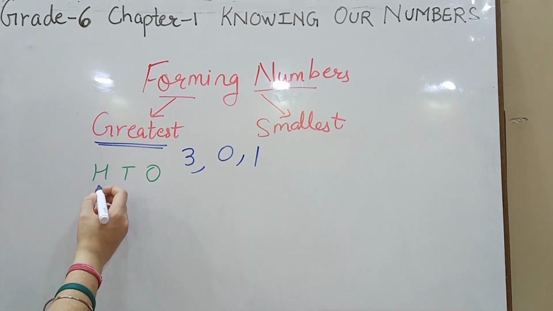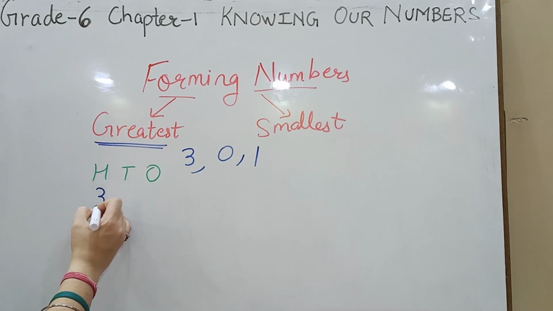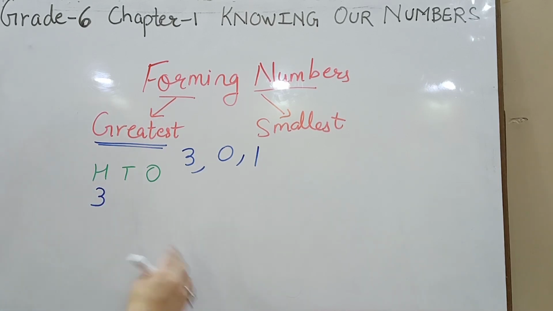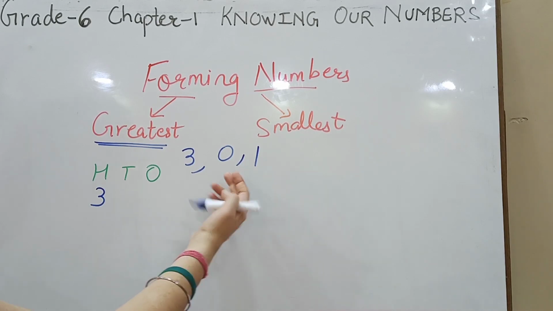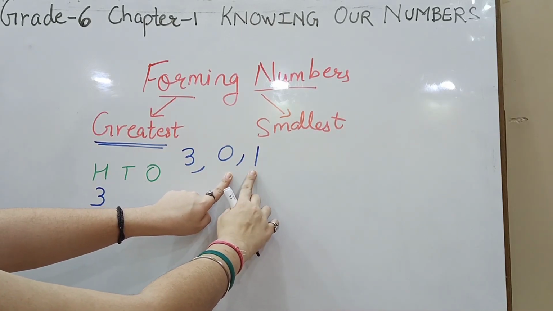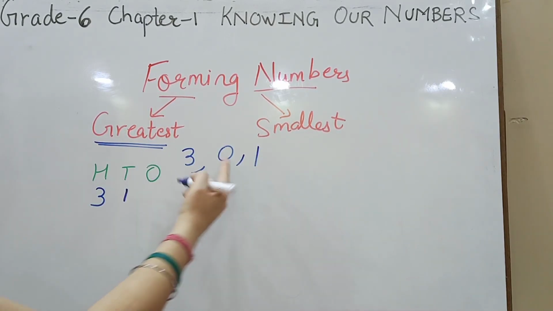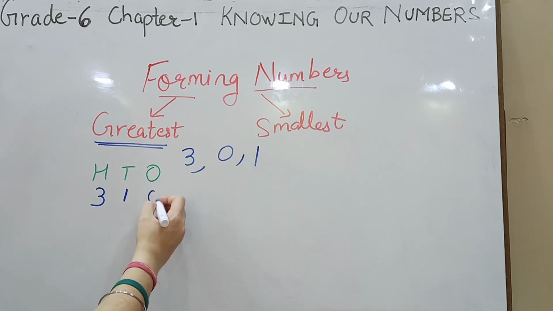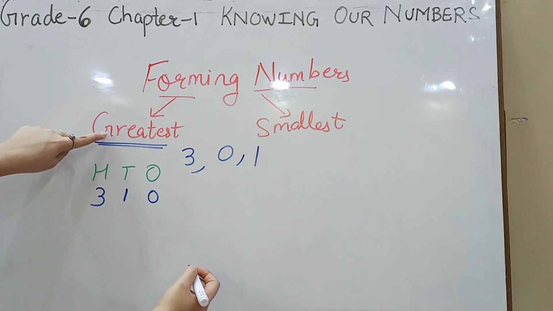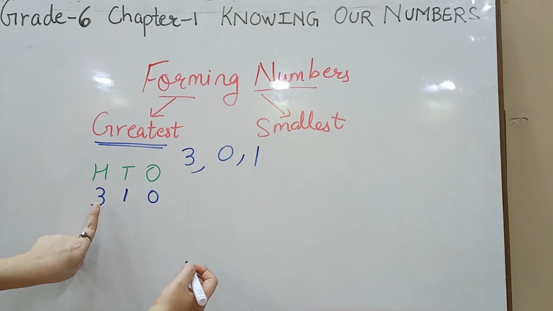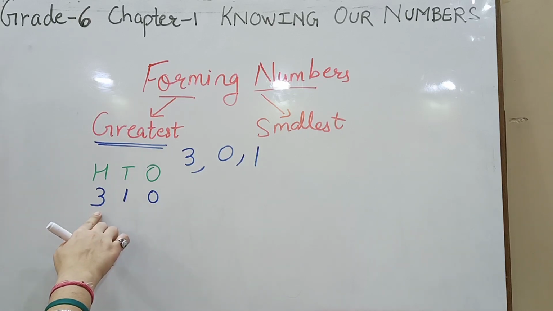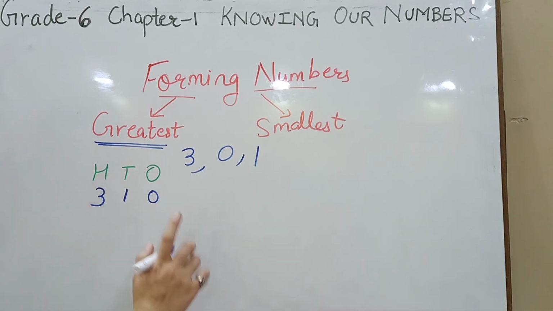So let us first put at the highest place value the digit which is the largest one. Then after that, among these two, which is the greater one? 1. After 1, what is left is 0. So when we have to form the greatest number, we are moving 3, 1, 0. That means we are moving from a bigger number to the smallest number.